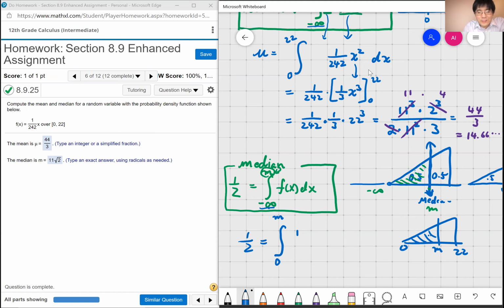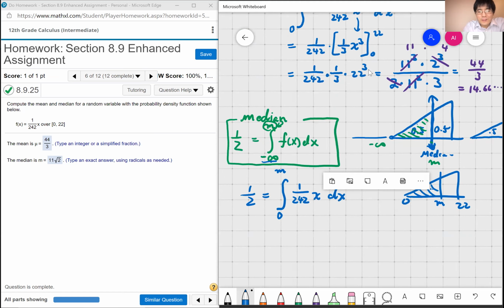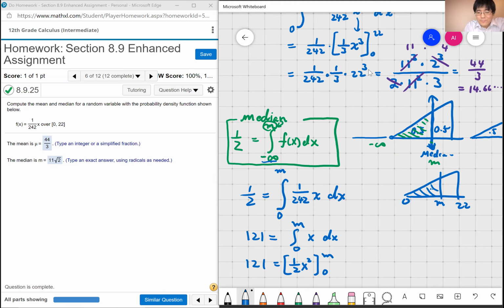So the function we have is this. We just need to take this integral. Let's multiply both sides of the equation by 242. So it's going to be like this. This is equal to 1/2 x squared after taking the integral. You plug in 0 through m, and that is equal to 121. So 121 is equal to 1/2 times m squared.